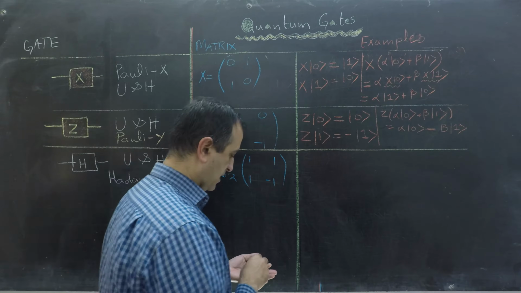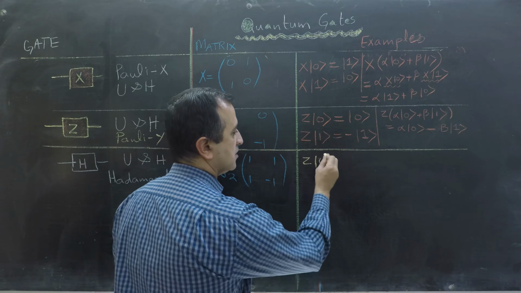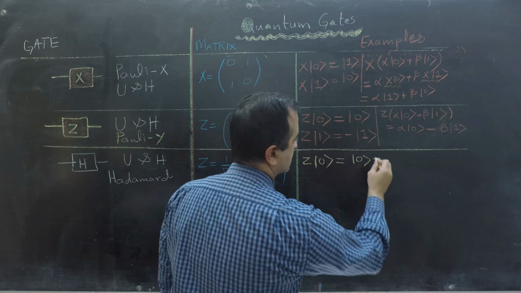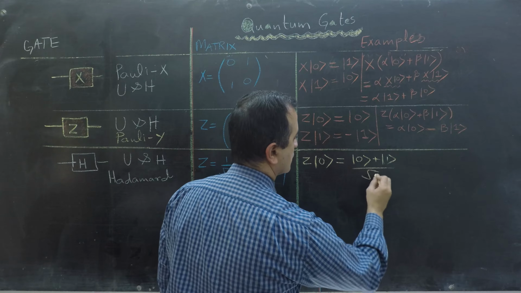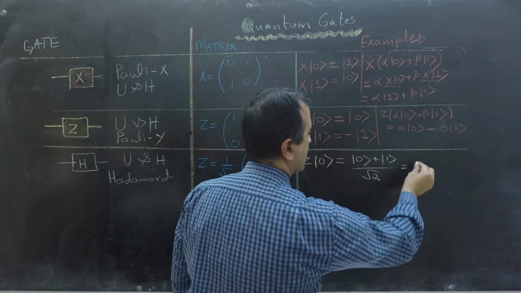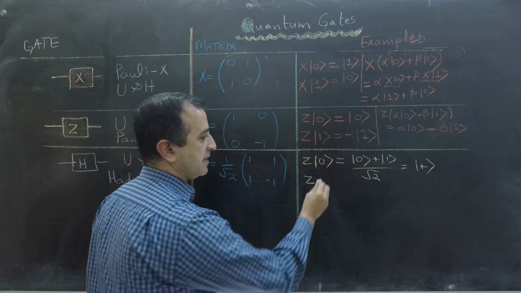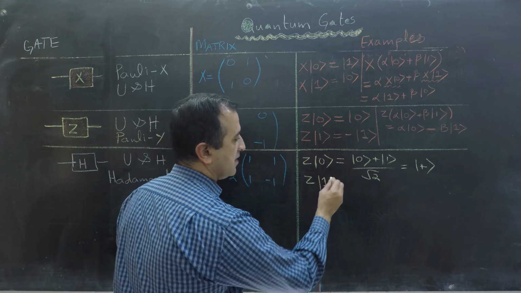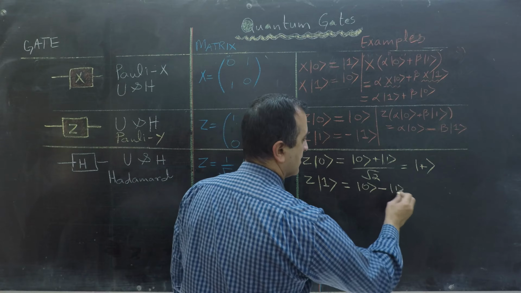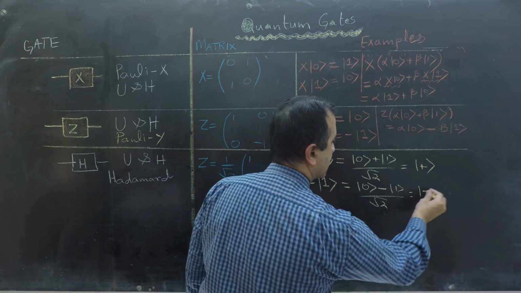So if the input of this gate is ket 0, then the output will be ket 0 plus ket 1 divided by square root of 2, and this output is also known as ket plus. Similarly, if the input of this gate is ket 1, then the output will be ket 0 minus ket 1 divided by square root of 2, and this output is known as ket minus.